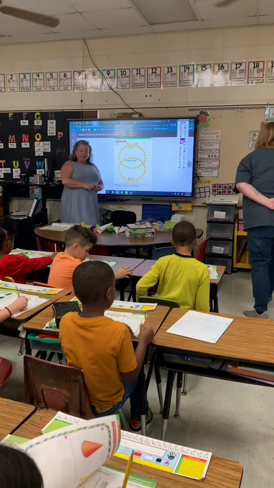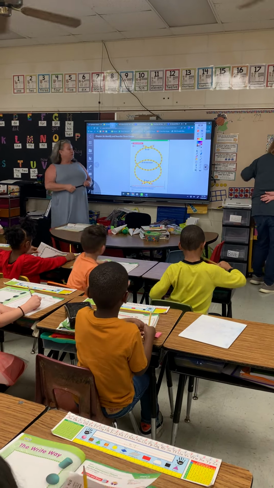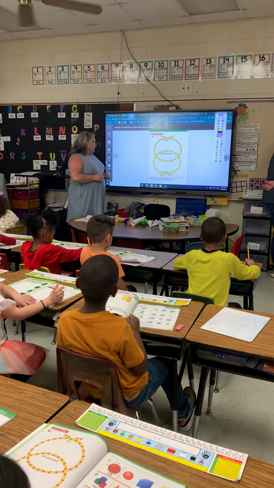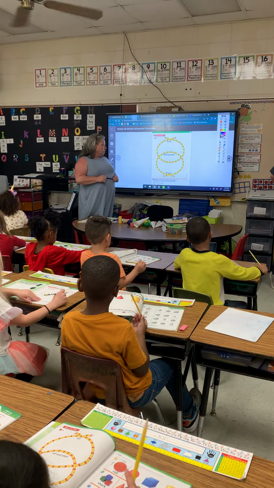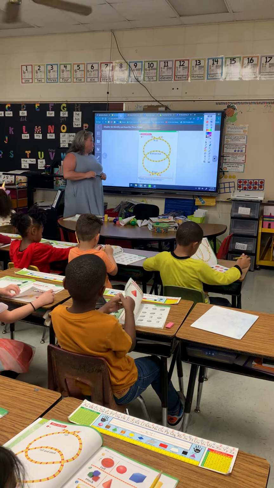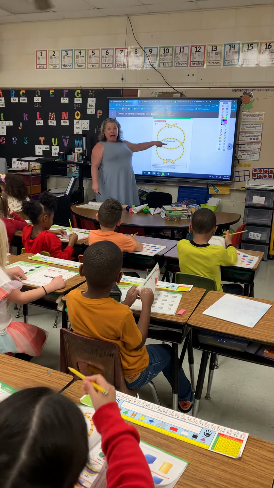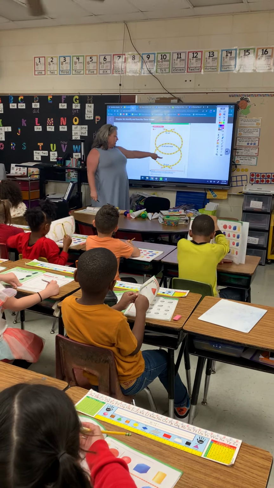All right. Now, this is called a Venn diagram. We're going to place the three-dimensional shapes on the page. We're going to sort them by whether they roll, whether they can roll and stack, or just stack.